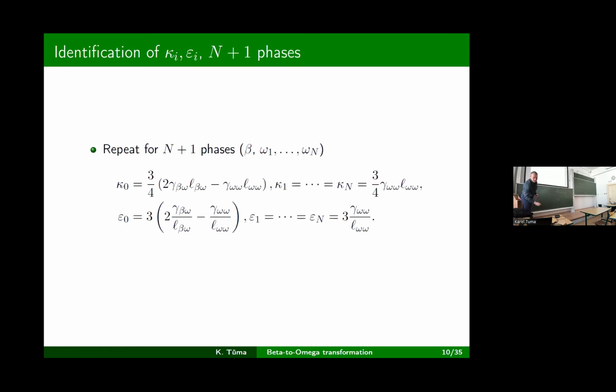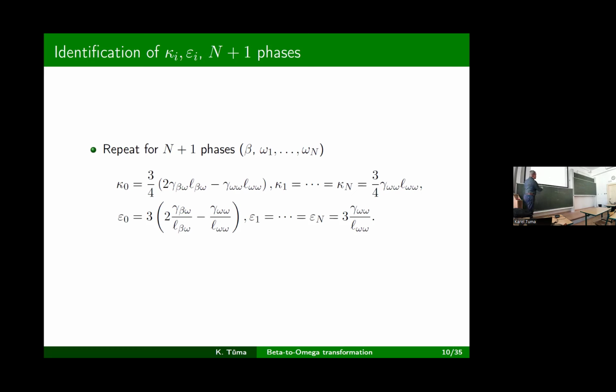And if we have n plus 1 phases, so not 2 plus 1, but n plus 1 phases, we can again get the relation for the parameters. Here it is not clear that you can get the relations. You can get them here only because we have really just two interface families, beta omega and omega omega.